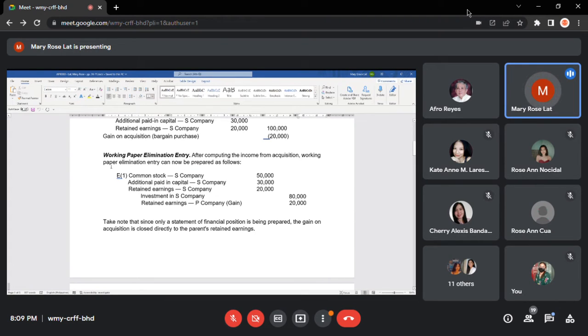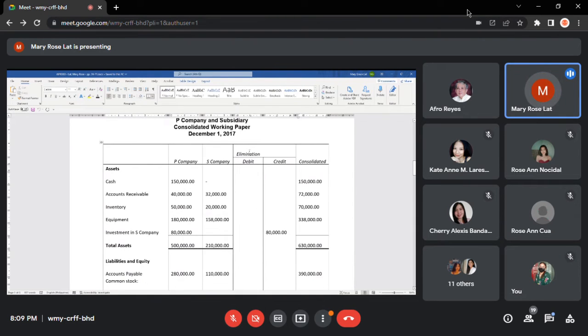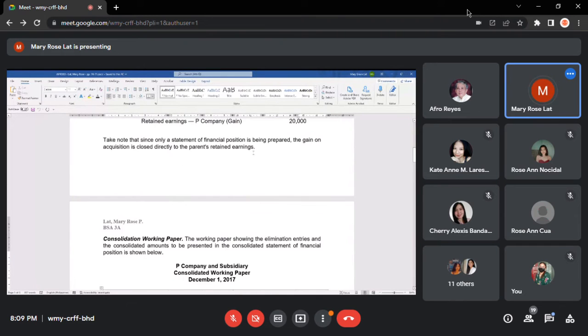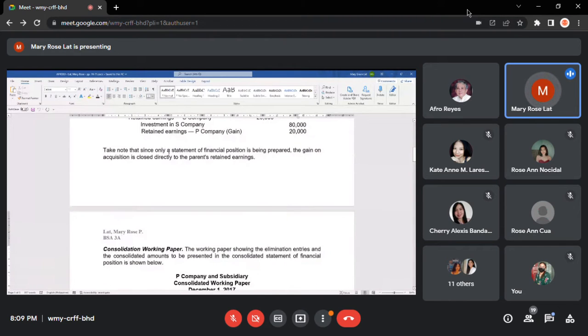So ito pong entry na to, i-record po natin siya dito sa elimination column sa consolidated working paper. Take note that since only a statement of financial position is being prepared, the gain on acquisition is closed directly to the parent's retained earnings.